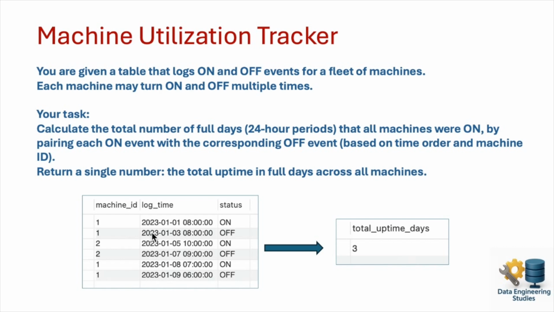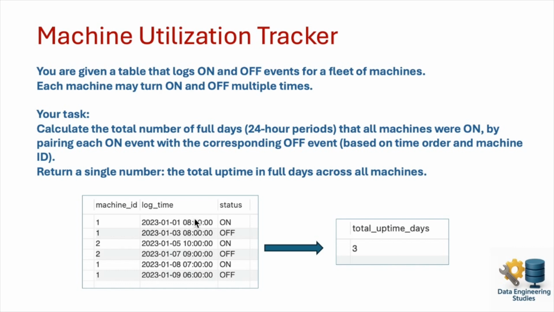Here is our input table which has 3 columns: machine ID, log time and status. We have 2 machines, machine ID 1 and machine ID 2. The first machine is turned on 1-1 at 8 am and it is turned off on 1-3 at 8 am. This is 2 days.